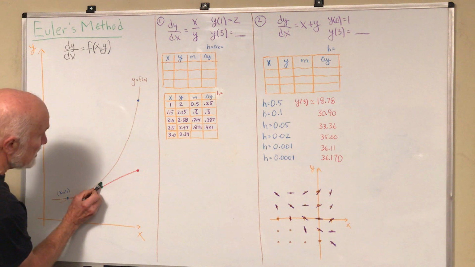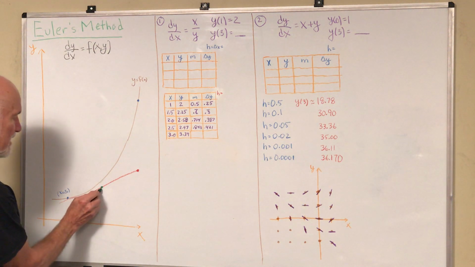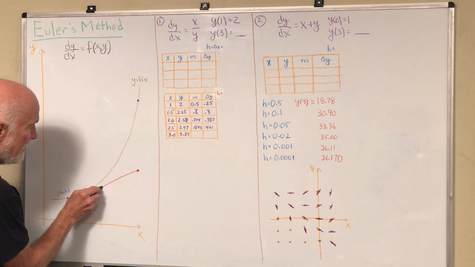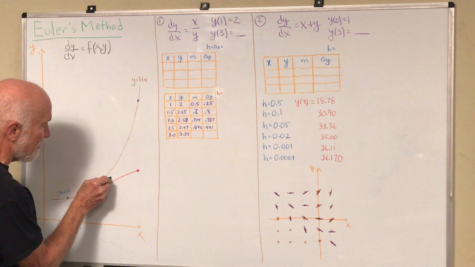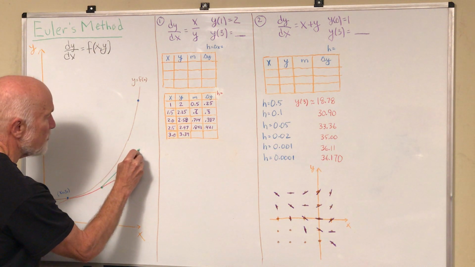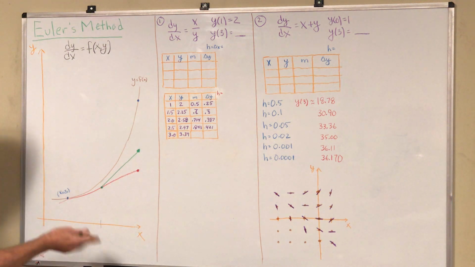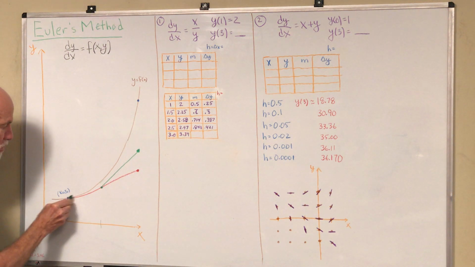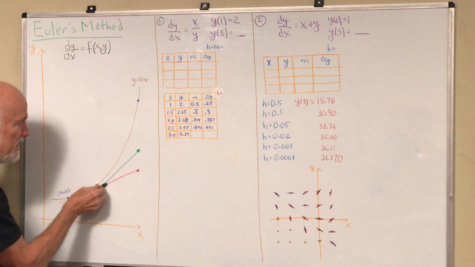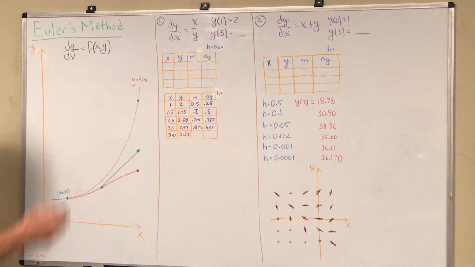And the slope would actually be what it is right at this point. They wouldn't know that, but you could calculate that, and then you would follow that slope. And now your differential equation, you'd be approximating the solution to go through this point and this point and this point. So instead of one straight line, it would be two straight lines to make it even look a little bit more like this curve.